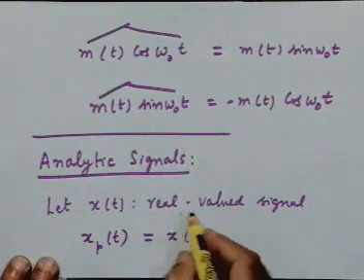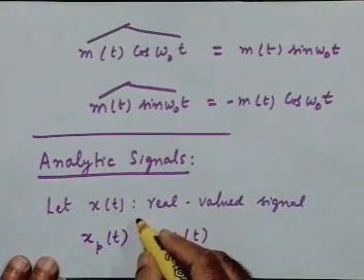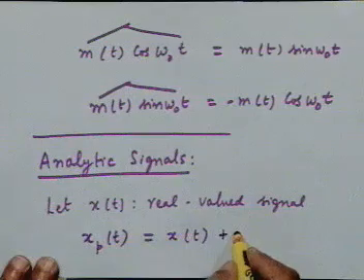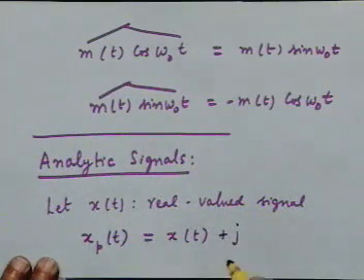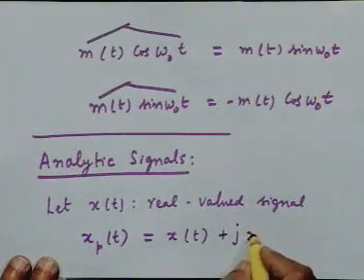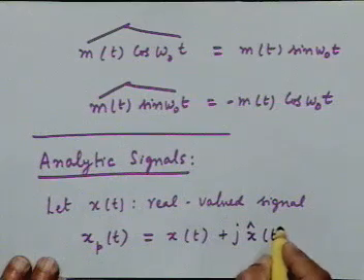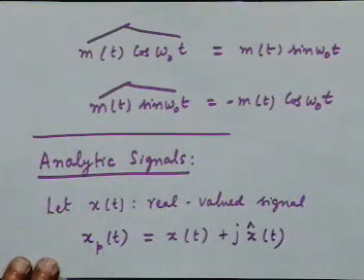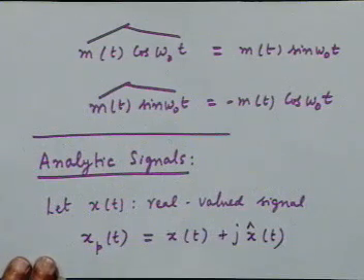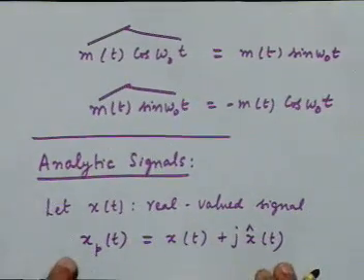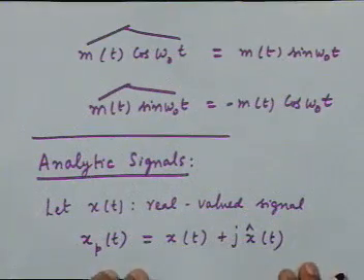Its real part is the same real valued signal with which you started, but it has an imaginary part, which is the Hilbert transform of x of t. Okay, so that's the concept of an analytic signal. An analytic signal has this composition.